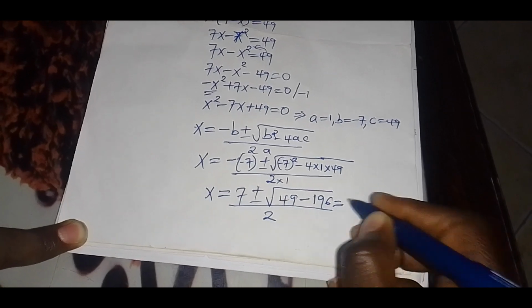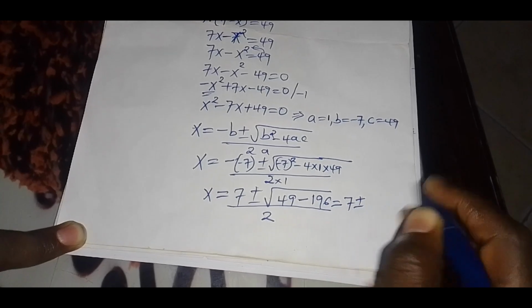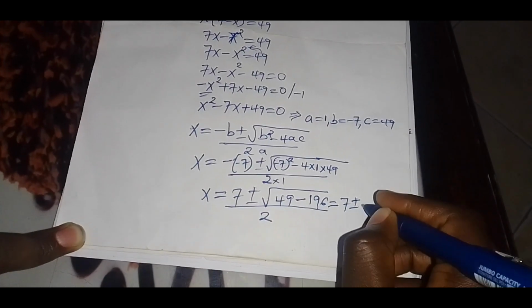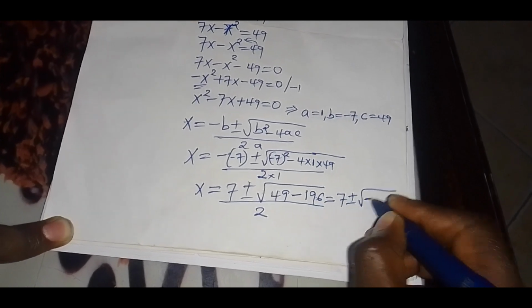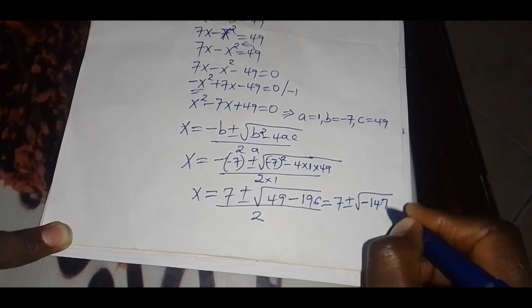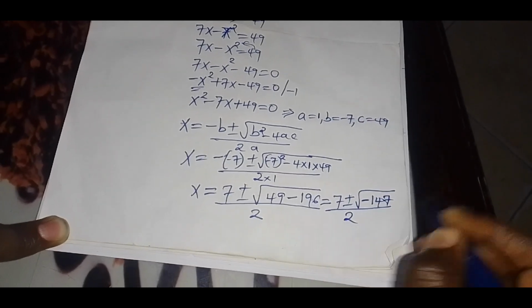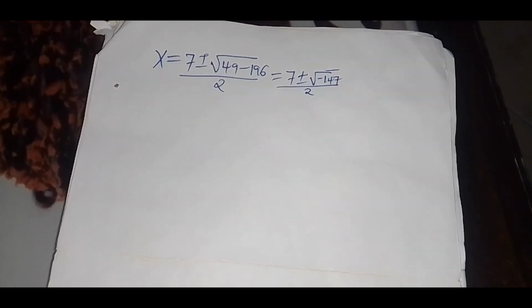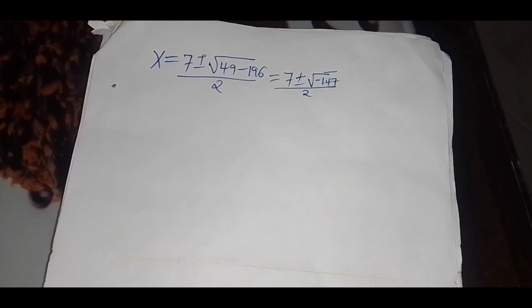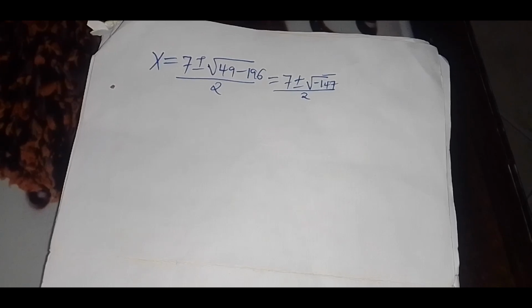So this is equal to 7 plus or minus the square root of 49 minus 196, which is negative 147, divided by 2. Now we have x equal to 7 plus or minus the square root of negative 147, divided by 2.